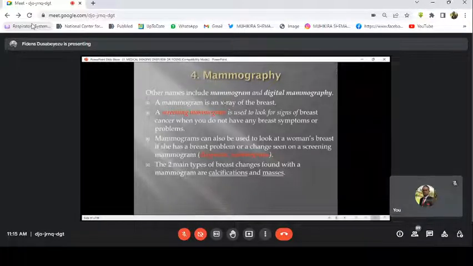Fibroglandular tissue is white, fat is dark. For those old people, the breast tissue becomes fat. That's the reason why mammogram is not done for very young patients. For young girls you cannot do mammogram because the breast is full of fibroglandular tissue, which is dense and it is white.